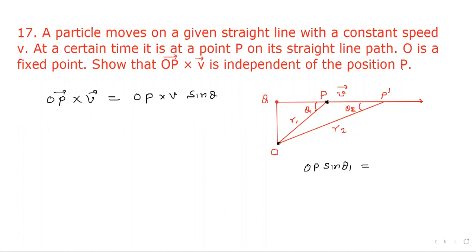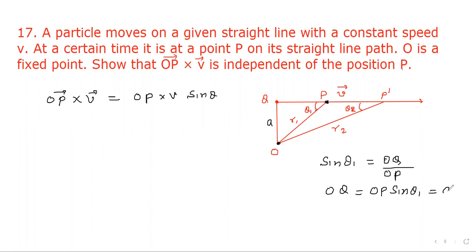Before that, let's find what sine theta 1 is. Sine theta 1 would be perpendicular, that's OQ, divided by hypotenuse, which is OP. So OQ is fixed. Suppose OQ is A. So OQ equals OP sine theta 1, so OQ is equal to A. So we can write OP sine theta 1 as A. So we have got A into V.